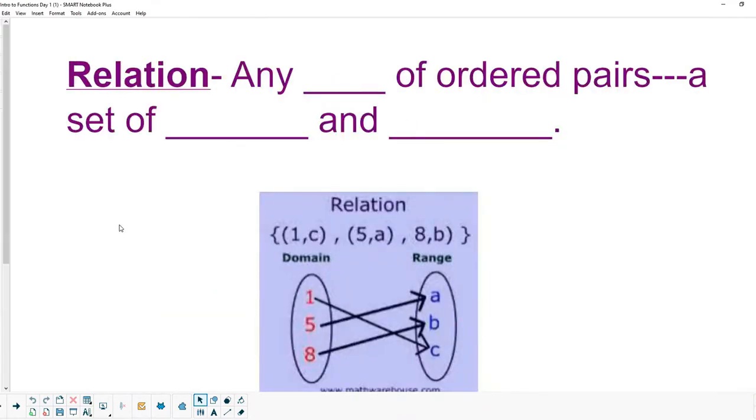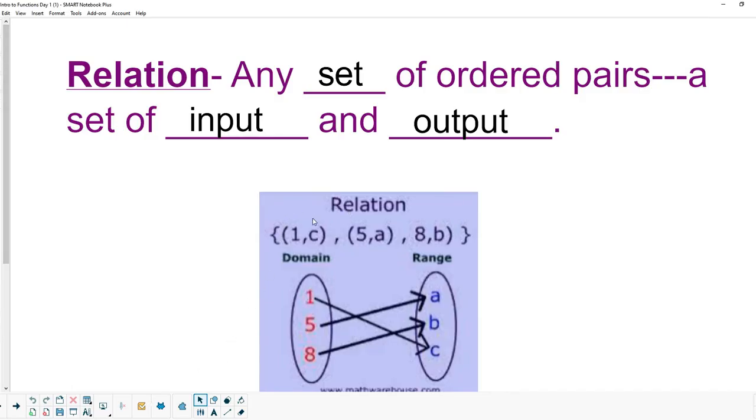functions go this way. Well, we need to start with talking about what a relation is first. A relation, not relationship, but a relation, is any set of ordered pairs, which amounts to a set of input and output values.